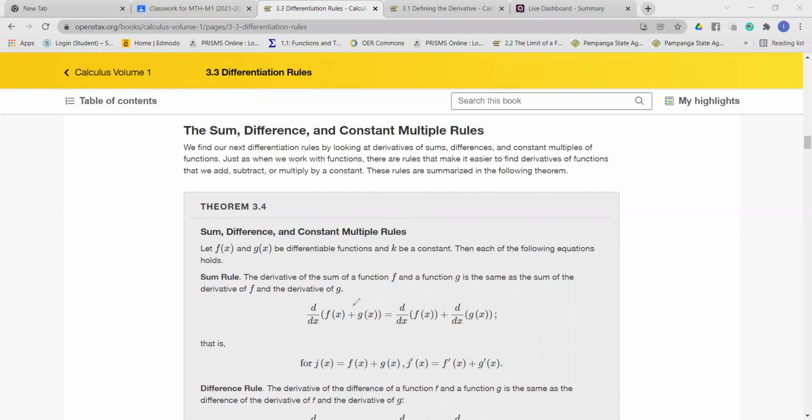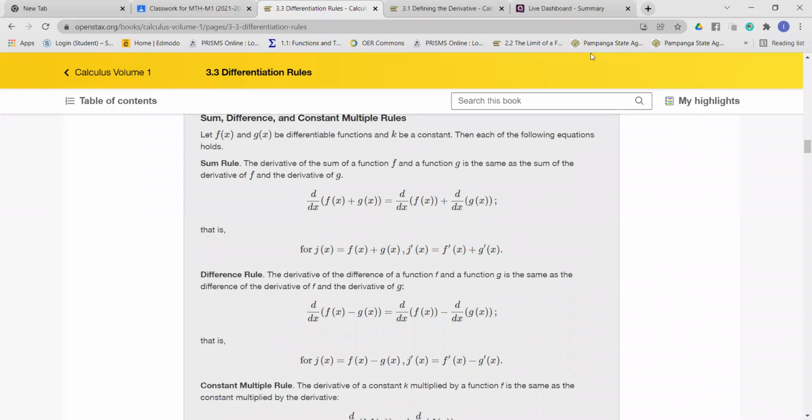If you have also the subtraction here, kung minus man yan, it will just be minus here. So ganun lang siya. Kaya difference rule naman pala yun. So sum rule at saka difference rule. So the derivative of f of x minus g of x is equal to the derivative of f of x minus the derivative of g of x.